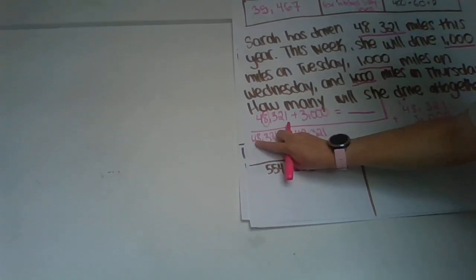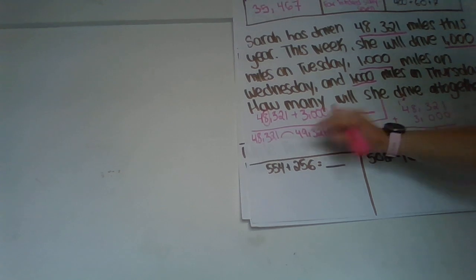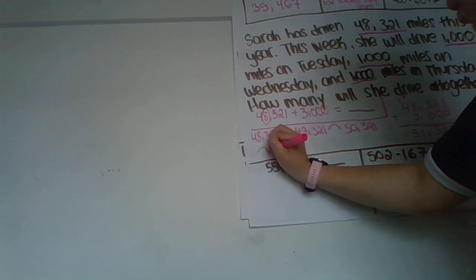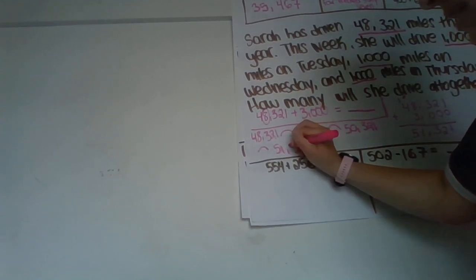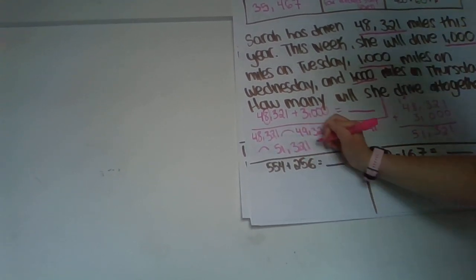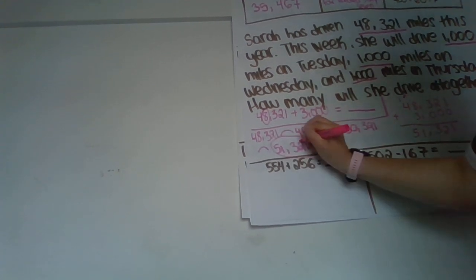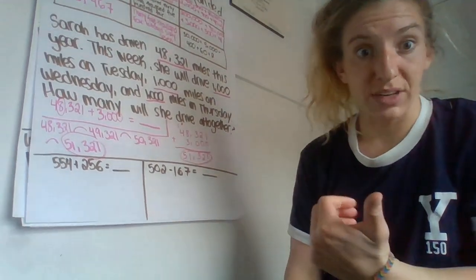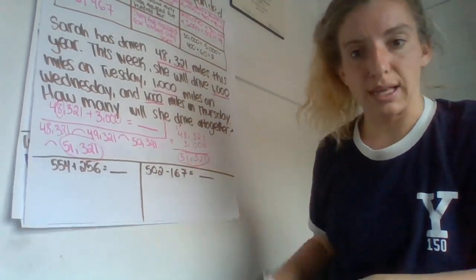Before I had 48,000, now I have 49,000, 50,321, and then one more hop to 51,321. Either way, I get my answer, 51,321. But I think that counting on my fingers is honestly a little bit easier than using the algorithm.